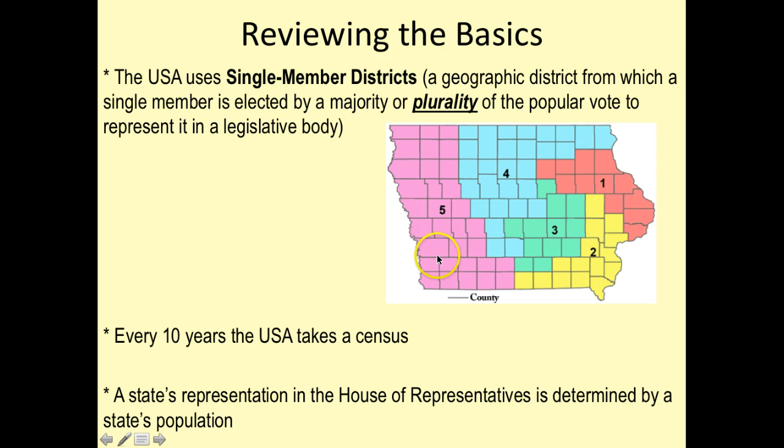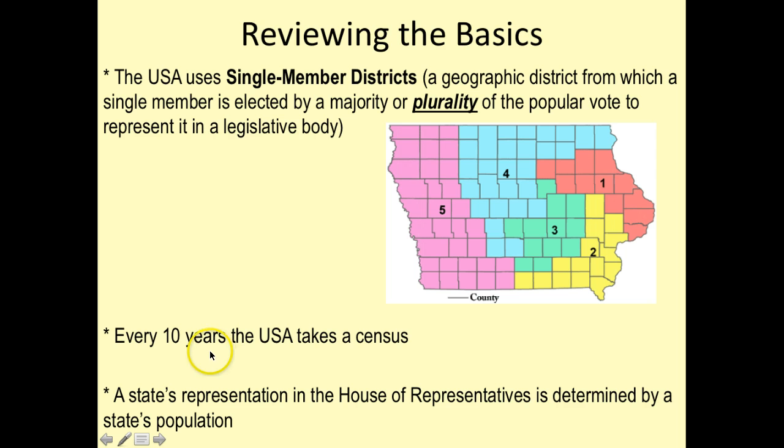Get that, one person represents District 5, as well as District 2, 3, 4, and 1. And you'll notice that the districts are geographically different in size, but as we'll look at, the reason why they're geographically different in size is because population isn't necessarily the same in every county, and in order for districts to be legal, one of the qualifications is that they have to be relatively equal in population size.